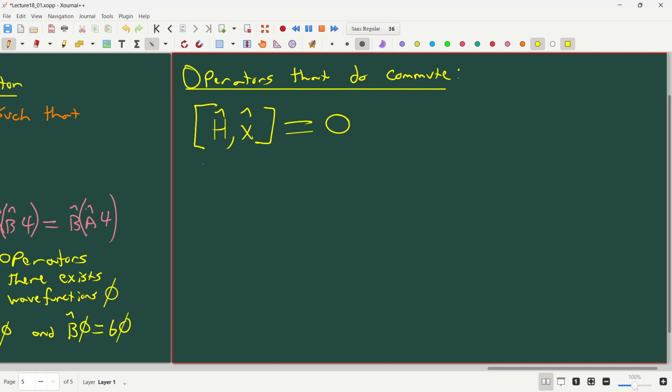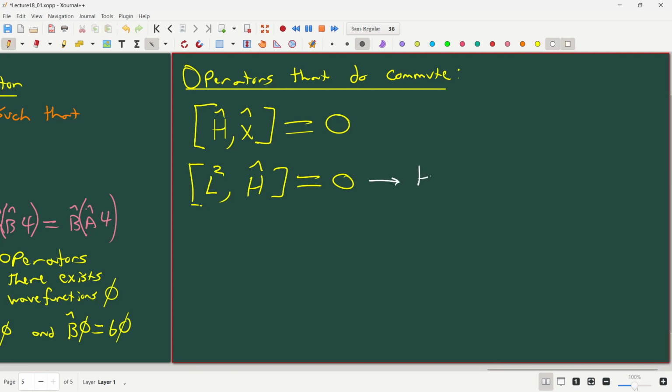Here's another one. L squared and H. Of course, these two commute, right? And we just saw why they commute. Because for the free rotor that we've been talking about, H is related to L squared by a constant factor. They're basically the same thing. So, of course, they commute. And not surprisingly, L squared and L sub z commute, right?